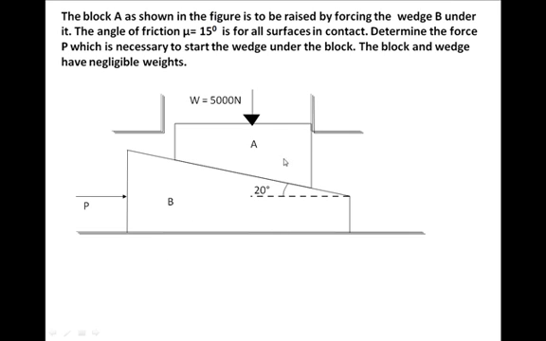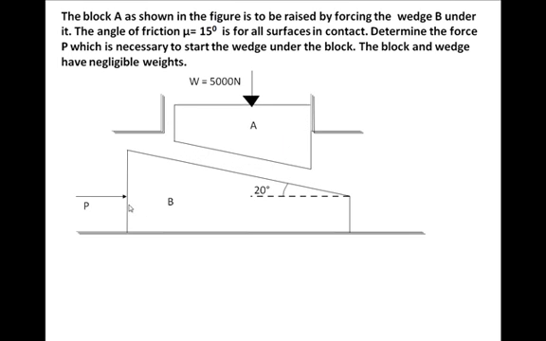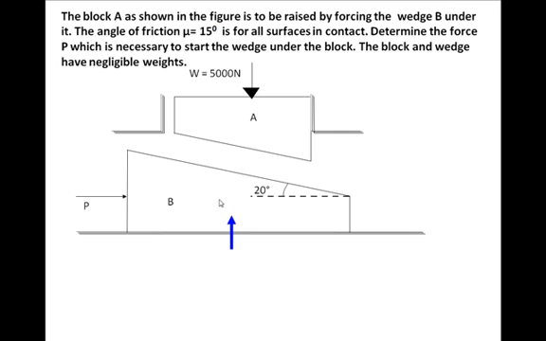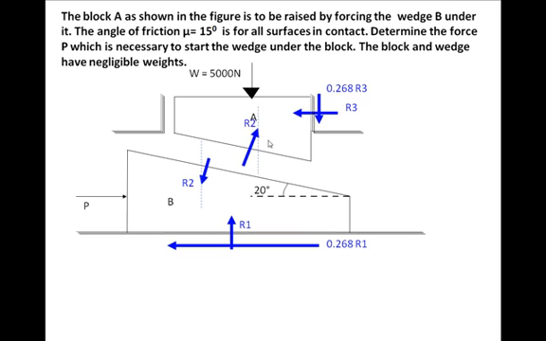Let's move this up just for clarity, and then concentrate on wedge B. The reaction R1, this force P, friction (tan 15 is 0.268, so friction is mu R), then this reaction R3, and friction here will be down. Then the reaction on B from A, and the reaction on A from B, both R2, and the corresponding friction directions. This covers all the forces.